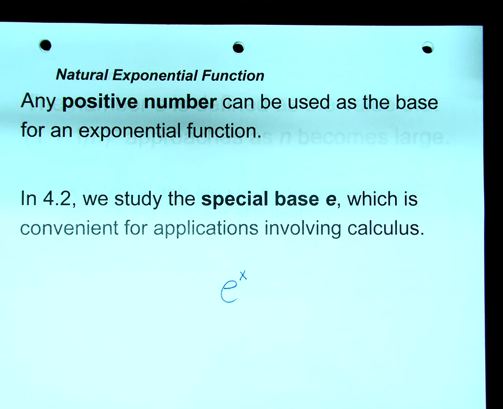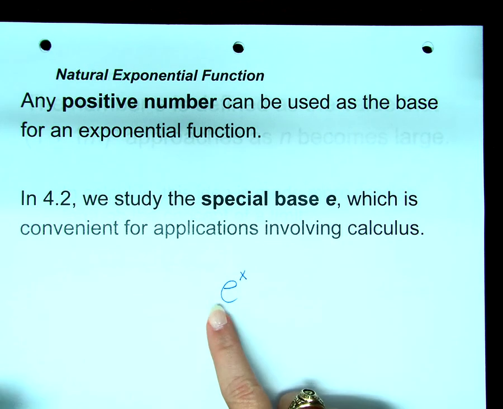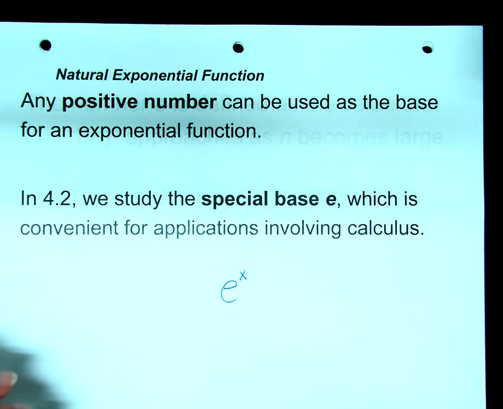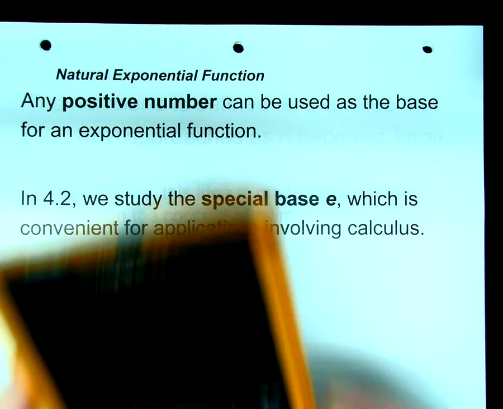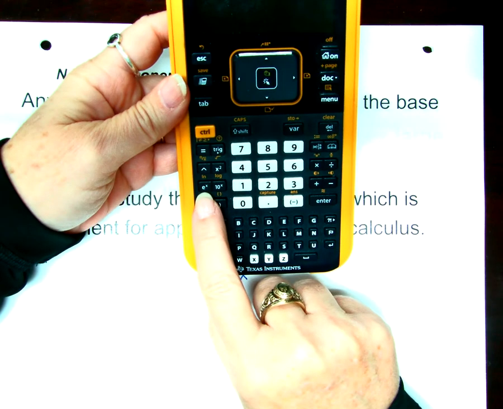Now, I know your whole life people have told you that e is a letter. Well, that's because it's true, but it's also used to represent a number. It's a very specific number. It's even stored in your calculator. If you use a calculator like mine, there's a button for it right here.